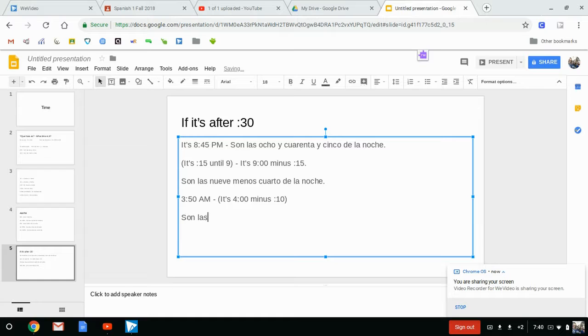So son las, we're saying it's 4 o'clock. So son las 4, and then minus menos 10. And then the AM, de la mañana. That first n really should be an ñ. All right.